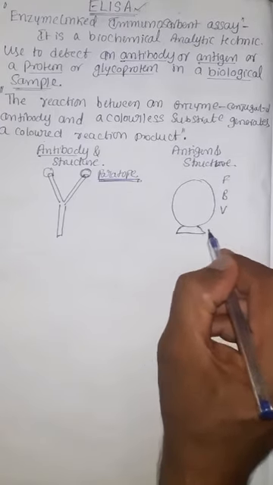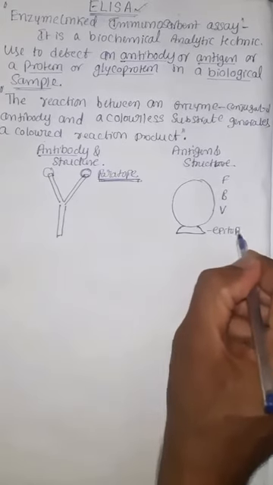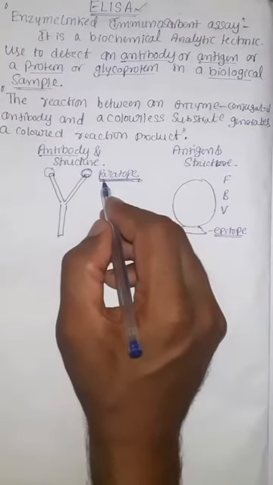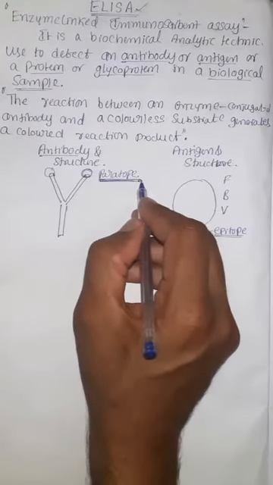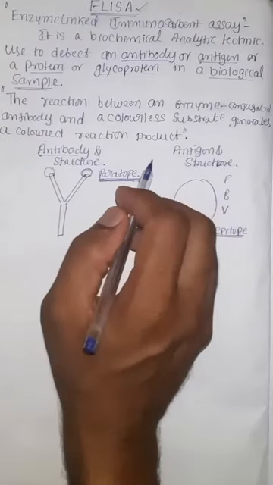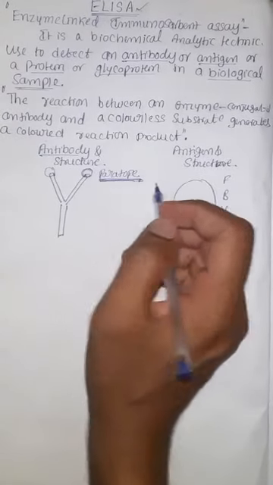This site is called the epitope, which is useful to attach to the paratope site. This is all about antibody and antigen structure.